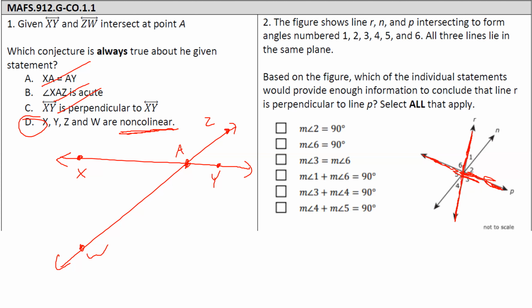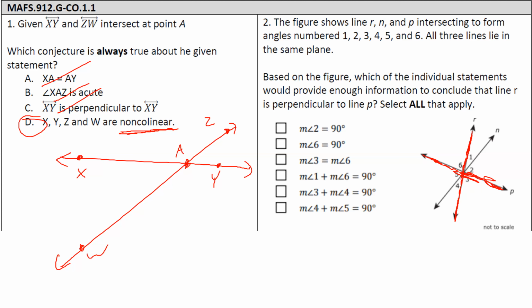This one, again, in order for 2 lines to be perpendicular, how do they have to intersect? They have to intersect at 90 degree angles or right angles. So in order for those 2 lines to be perpendicular, 6 and 3 both have to be 90 degrees.